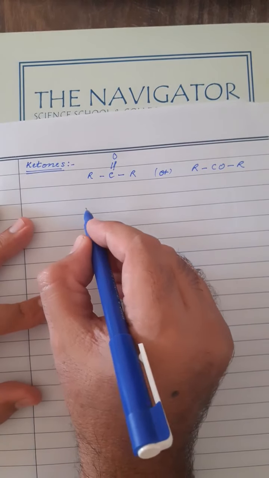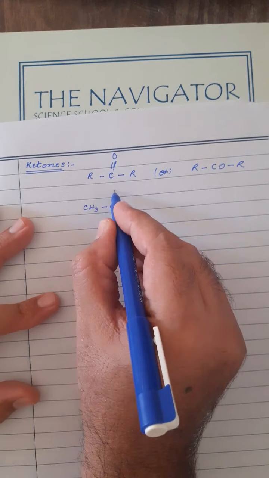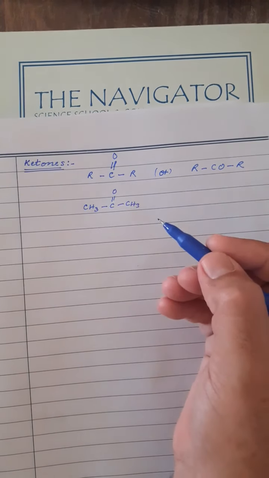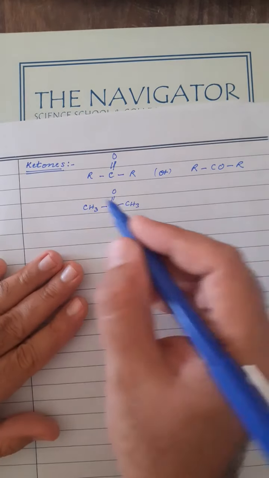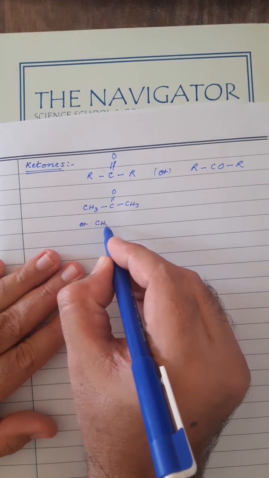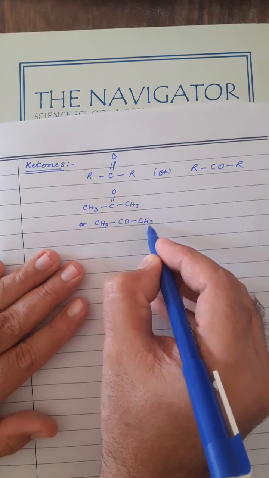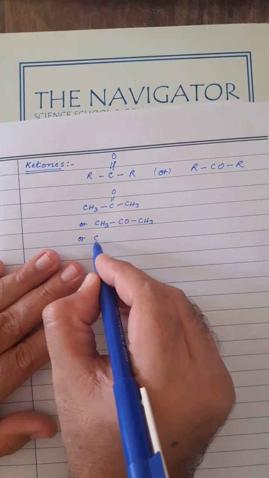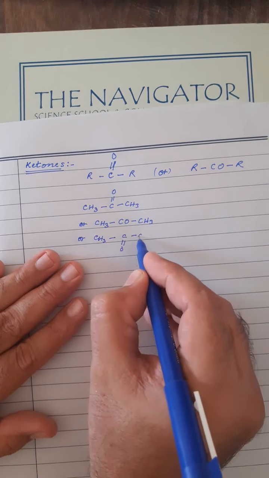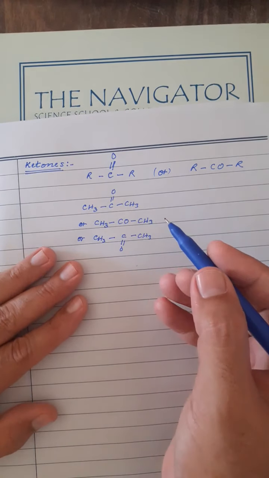So if you put 2 methyl groups around the carbonyl, now this is the simplest ketone. This ketone is represented like this, or you can write CH3COCH3, or you can go CH3 C double bond O and CH3. All are the ways. This is the simplest ketone.